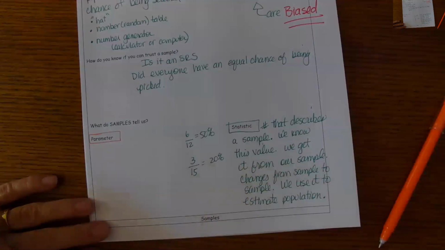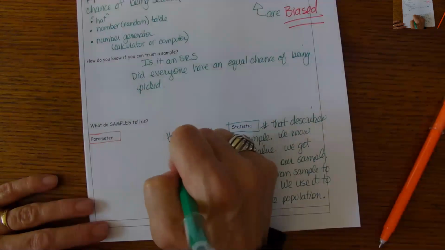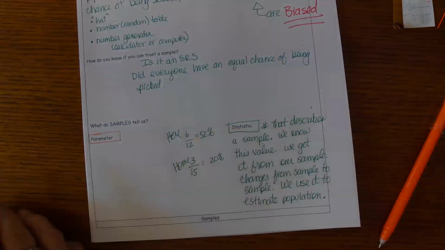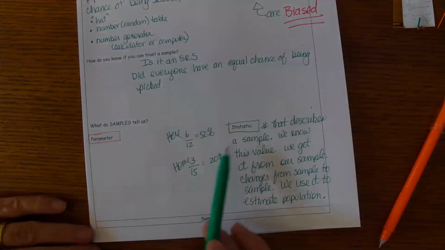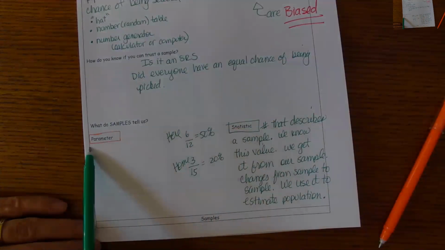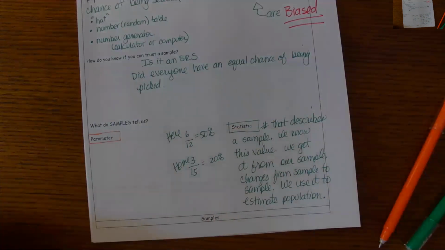So statistics, this was home. No, this was here. This was home, right? So your statistics are going to change. But if I ask groups of kids, if I went to every classroom on this floor and asked how many, then I would try to figure out what percent of the population. If I were looking at this, I might say, okay, I think 35% of kids watch The Office, right?